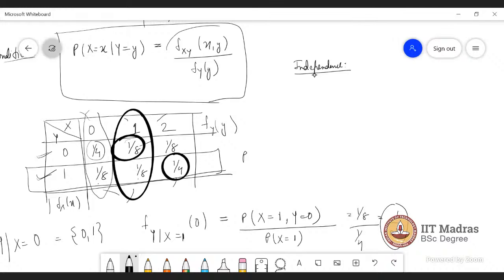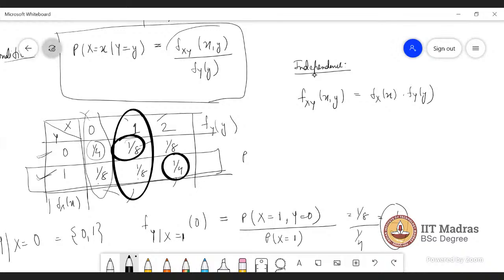The next is, if you have to check for independence, you just have to check whether f of x, y of x comma y comes out to be f of x of x times f of y of y or not.